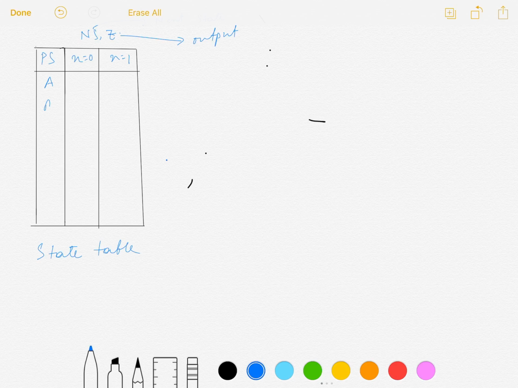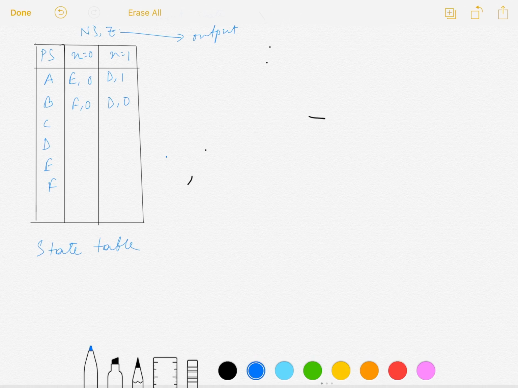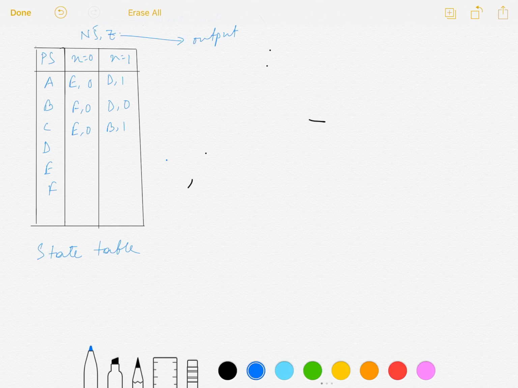Now, my present states are suppose A, B, C, D, E, F. Okay, so this is my state table. Whatever state diagram we have seen earlier, all of them can be converted to an equivalent state table.